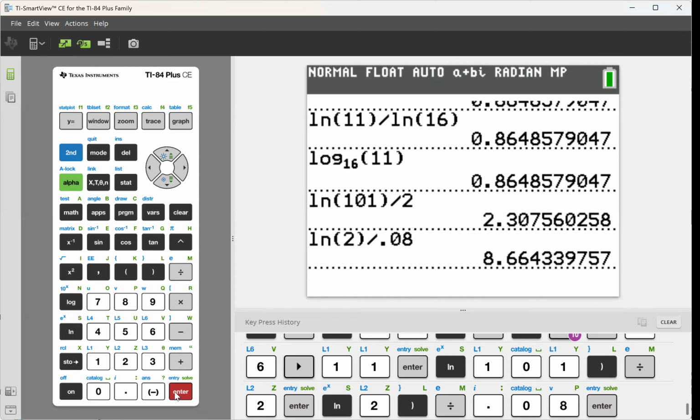So it told me to round to 1 decimal place. So I'm going to round this 6 right here. I go one number to the right, that's a 6, so I'm going to round that 6 up. So it's going to round to 8.7.